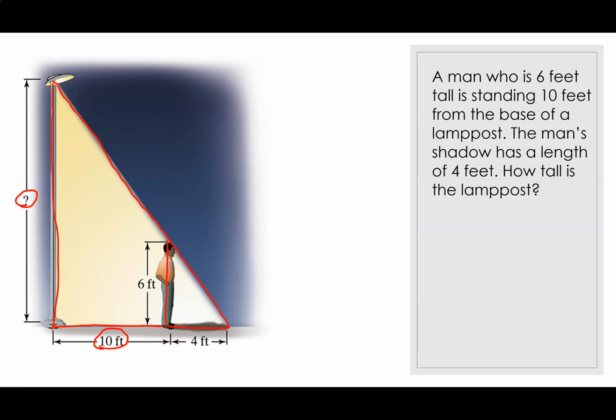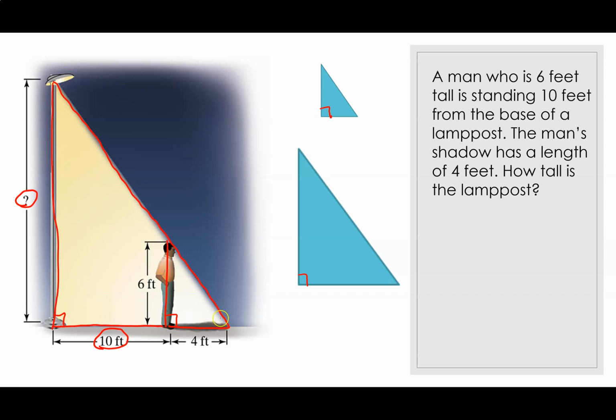Okay, let's justify that those are similar triangles. We know that the lamppost is standing straight up, so that's a right angle. And suppose this man has really good posture and he is standing straight up, then this is also a right angle. So those are right angles, and all right angles have the same measure, and that's 90.